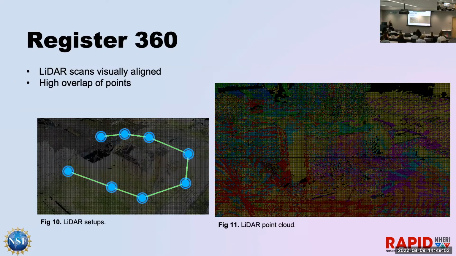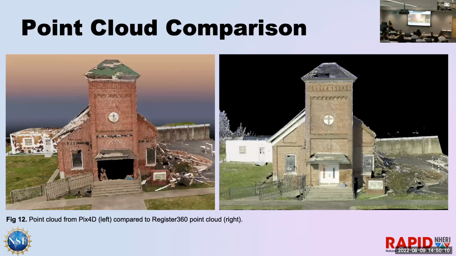And then Register 360, this is where we're aligning the LiDAR scans. If you look at the image on the right, every single color is a different scan that had to be aligned with each other to create the building. And then here's a comparison of what a Pix4D point cloud looks like next to the LiDAR point cloud once it's done.